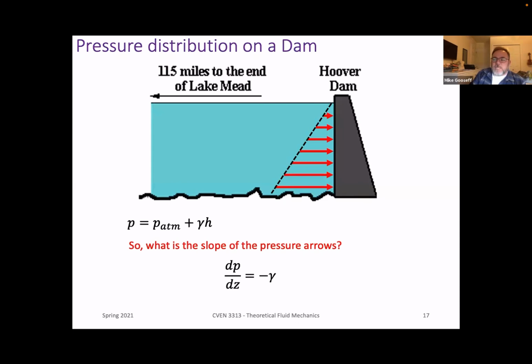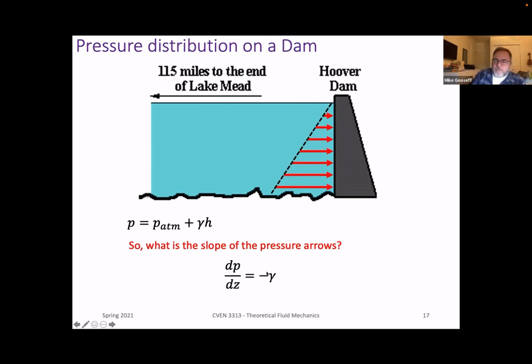So dp dz is equal to minus gamma. And we started with that back on the second or third slide we talked about today. So dp dz is equal to minus gamma, meaning that as height changes, as elevation changes, the pressure change that goes along with that is gamma. So in this case, it's the same magnitude, right?